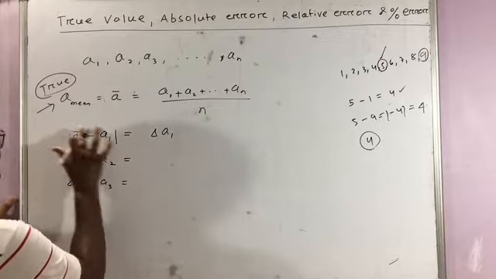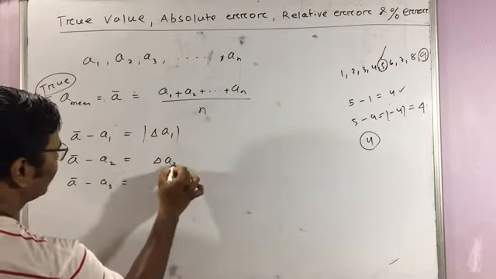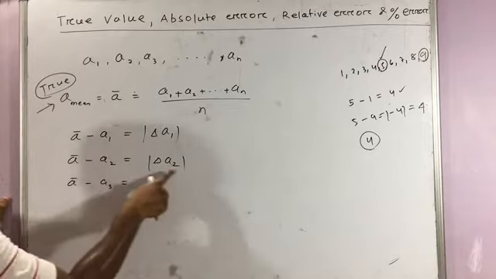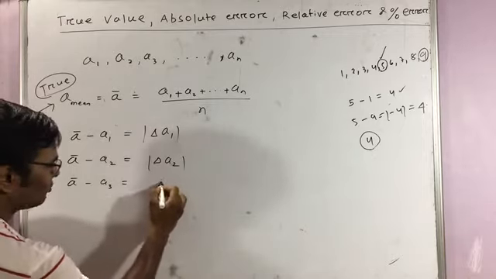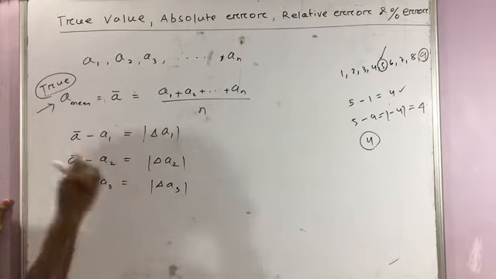So if you take the difference and then mod of it, A bar minus A2 is your delta A2. Similarly, A bar minus A3 is delta A3. So all these are the absolute errors.